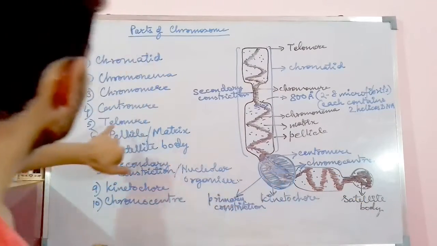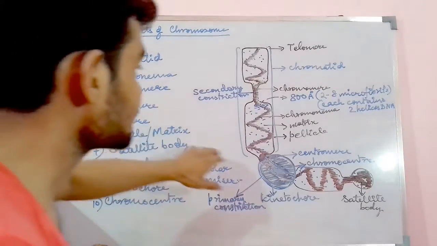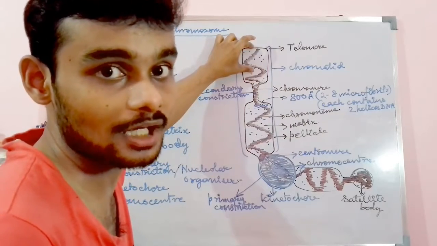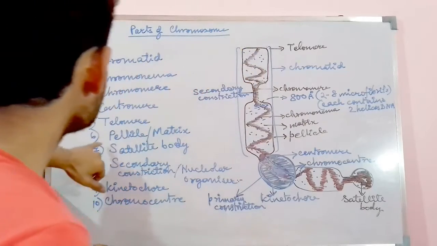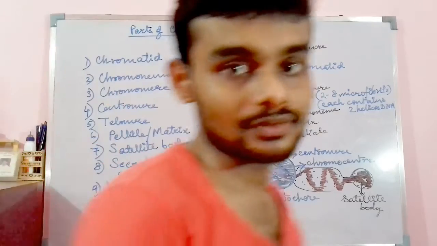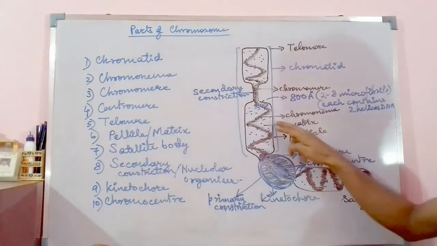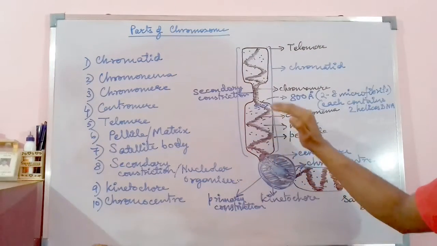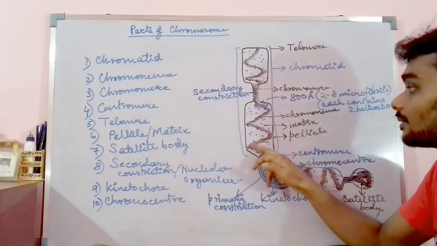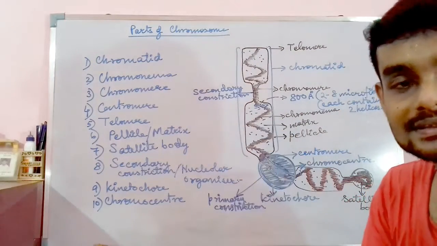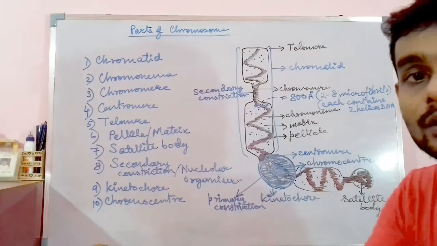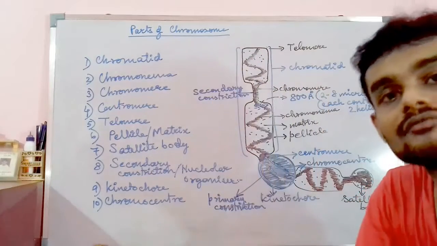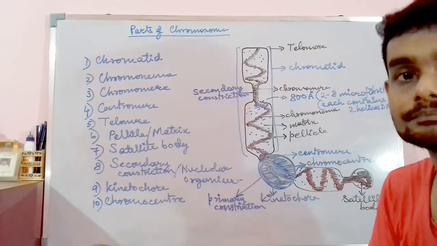Okay. Fifth, we have the telomere. What is telomere? Telomere is nothing but the end. The terminal end of the chromatid or the chromosome arm is known as the telomere. Sixth, there is the pellicle or matrix. Matrix is the fluid, jelly-like viscous substance in which the chromonema threads are dispersed or organized, and pellicle is the outer covering of that jelly-like viscous medium.